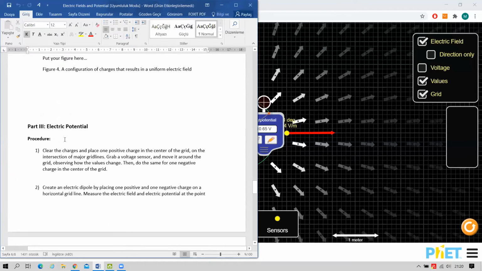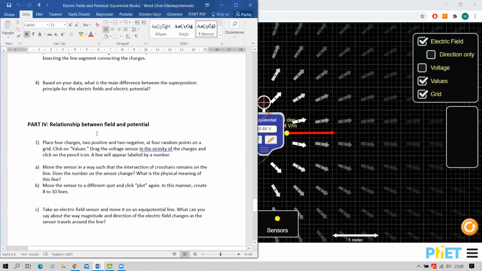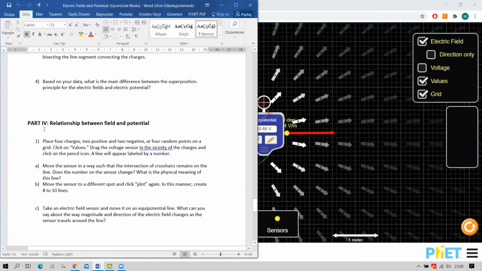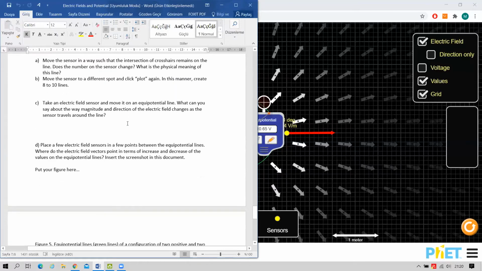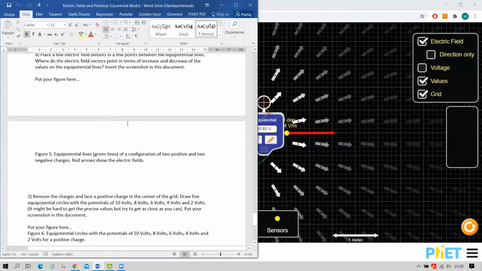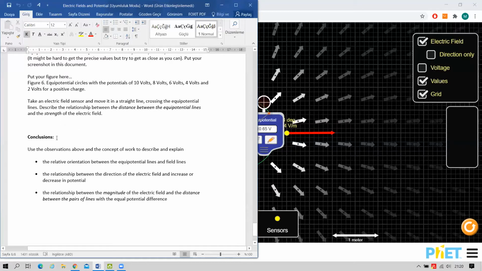The third part is about electric potential. And the fourth part is about the relationship between the field and the potential. So there are four parts and, last, a conclusion. Let's go step by step over all these parts.